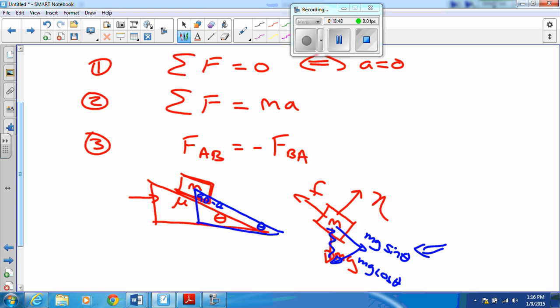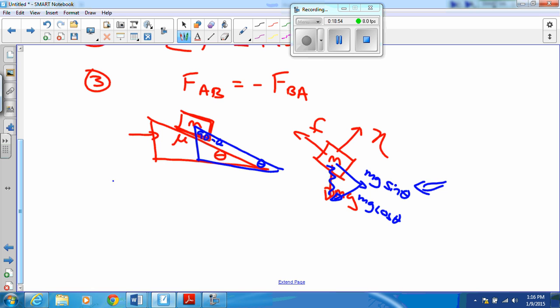Okay? Good. This led us to all manner of analysis. The important thing that we had was frictional force. There are two flavors of friction, static and kinetic. Static friction occurs when the object is doing what?